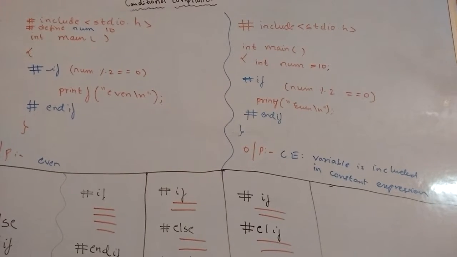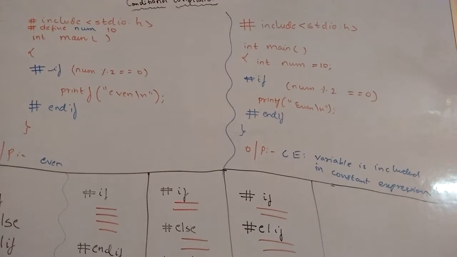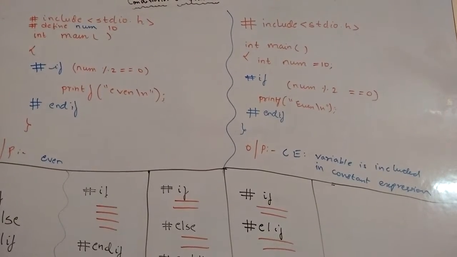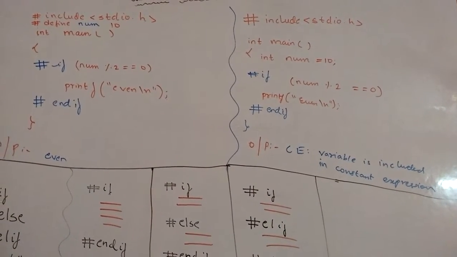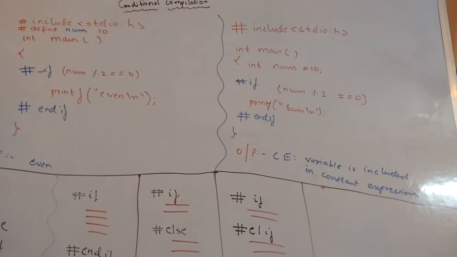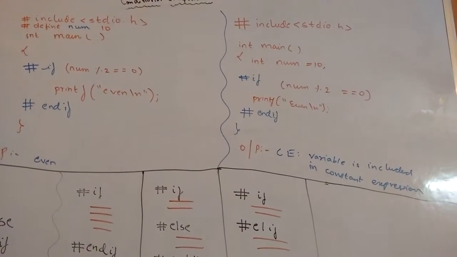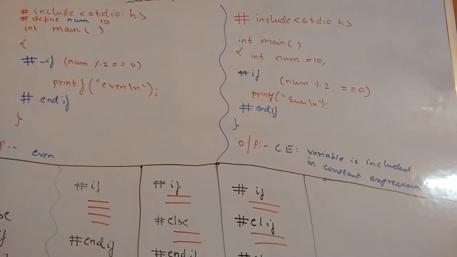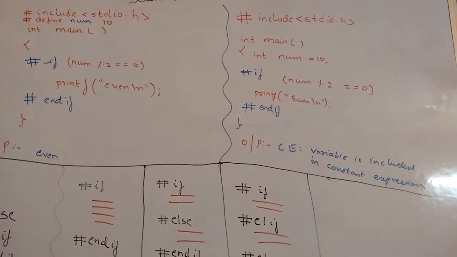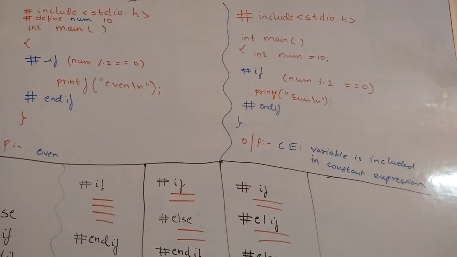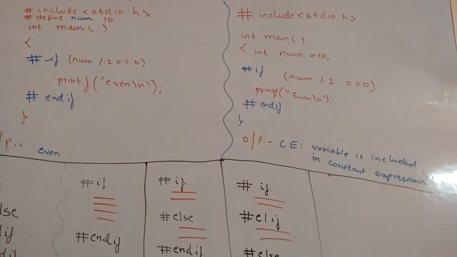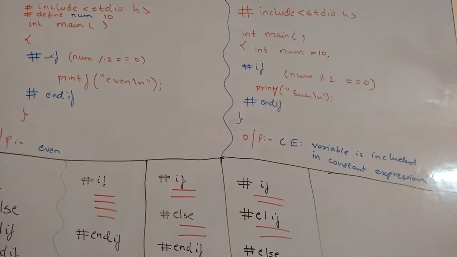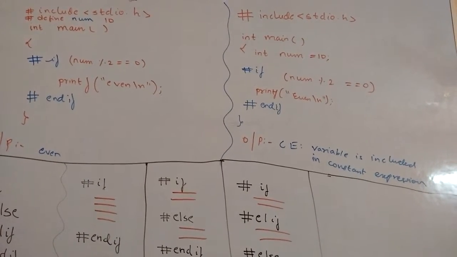It begins with hash include stdio.h and then int main, in which I create a variable num, and its value initially is 10. Again, I will use the conditional if construct by saying hash if num mod 2 is equal to 0, then print even, and I will use endif to indicate the end of the if construct, and also I will close the main function.